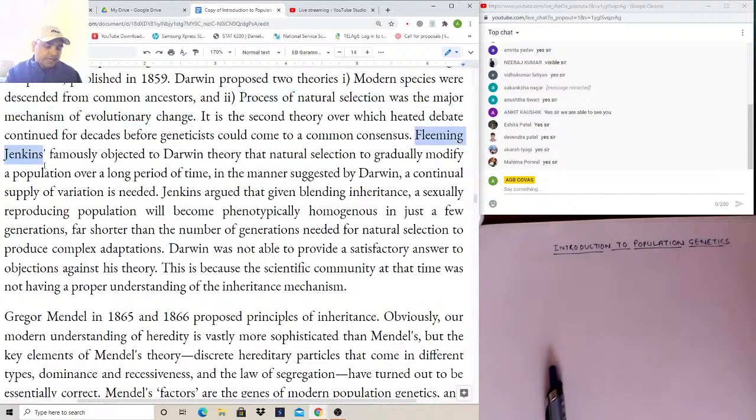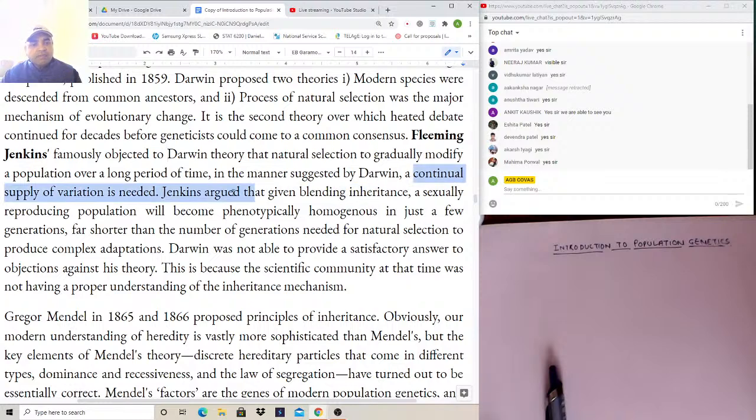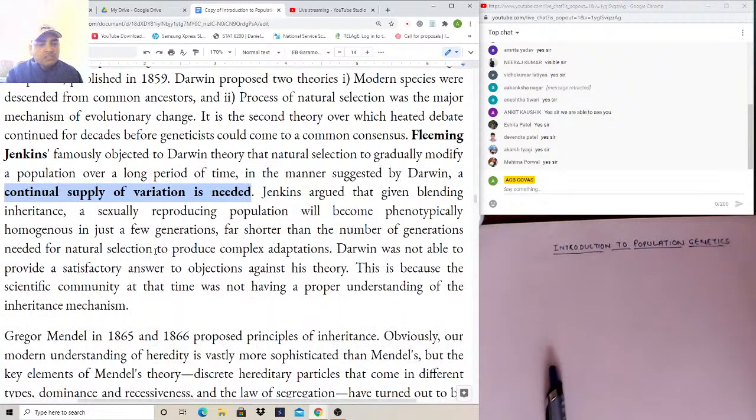And what he famously objected to in Darwin's theory is that for natural selection to gradually modify a population over a long period of time in the manner suggested by Darwin, a continual supply of variation is needed. That is, if we want to make a new species from a common ancestor over such a long period of time, a continuous supply of variation is needed.